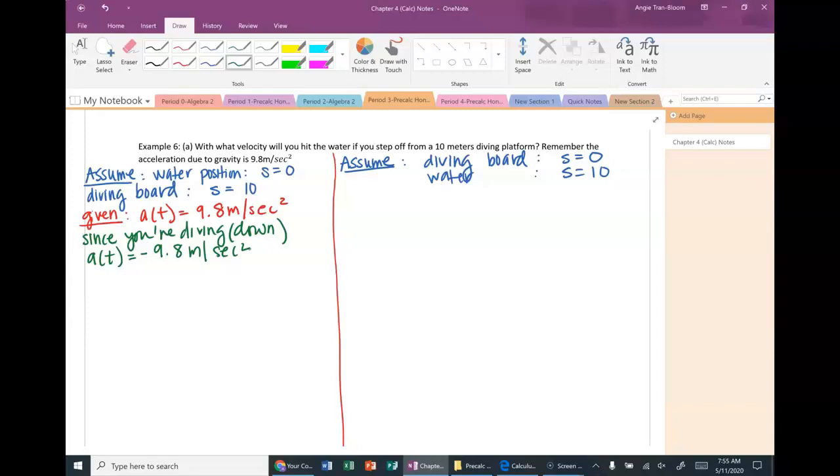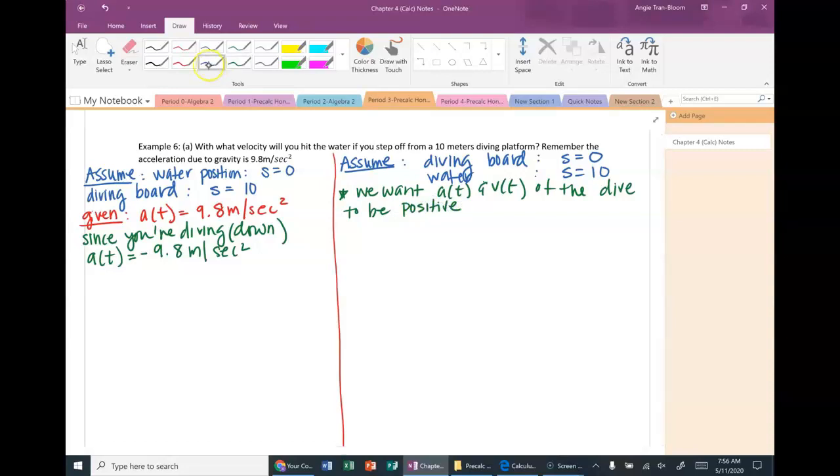On the right side, we are using everything as positive. So I'm going to do a star here. We want acceleration and velocity of the dive to be positive. All right.